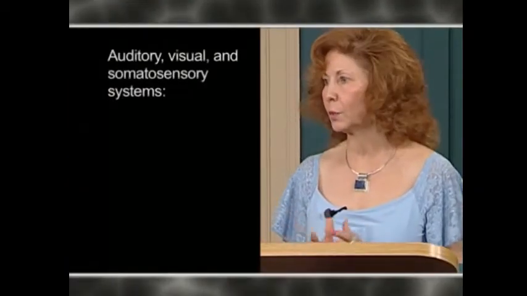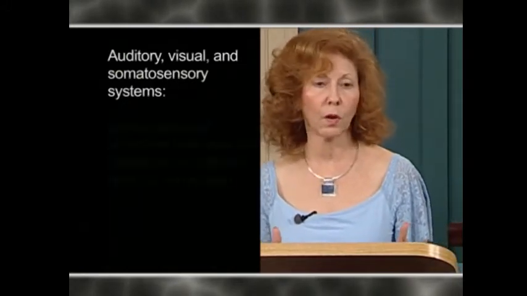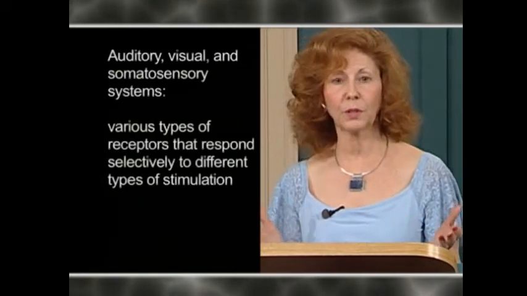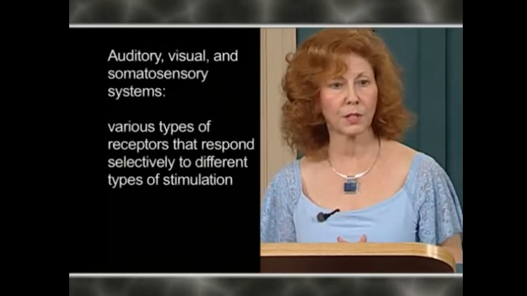But in general, the most important sensory systems for human beings are in fact going to be the auditory, visual, and somatosensory systems. So what are the commonalities that we see between the various systems that we've looked at? Well, first of all, there are various types of receptors that respond selectively to different types of stimulation.